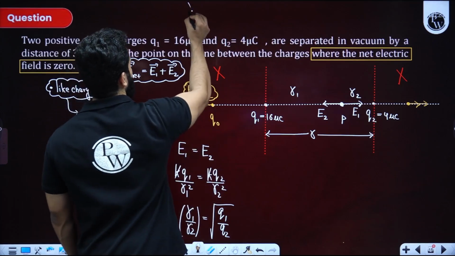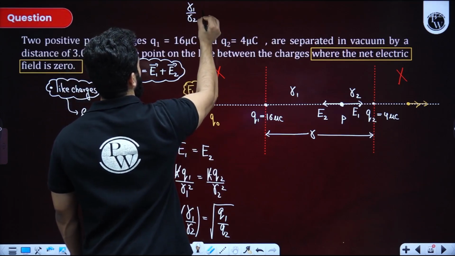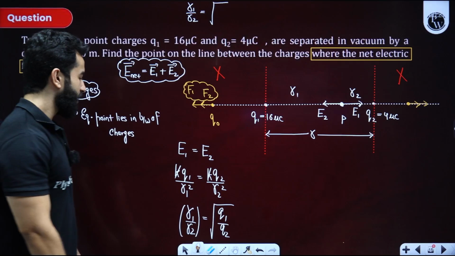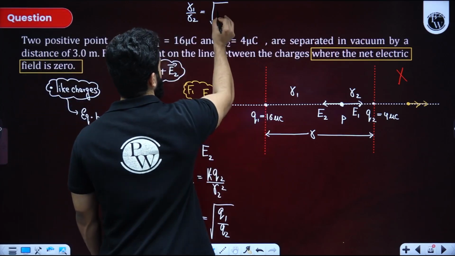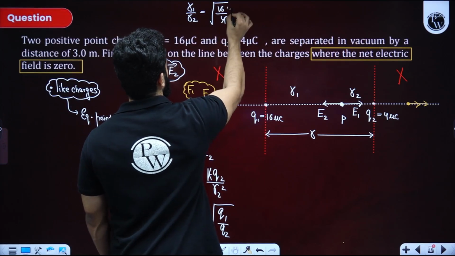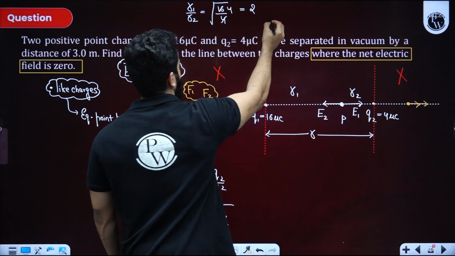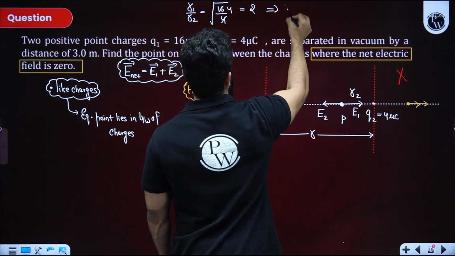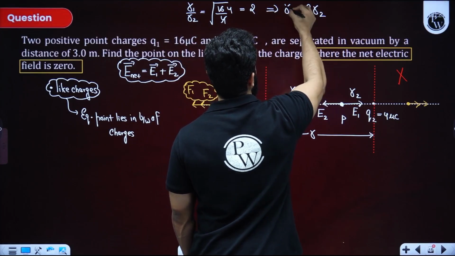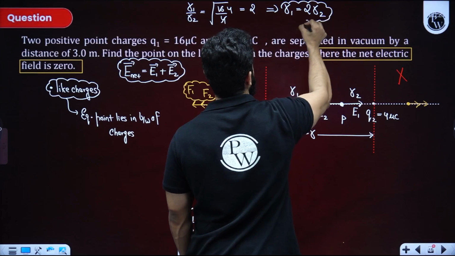So R1 upon R2 will be under root of 16 divided by 4, that is 4, and that is 2. Further, that means R1 can be written as 2 times R2, which makes complete sense.